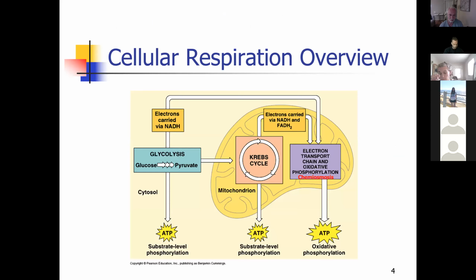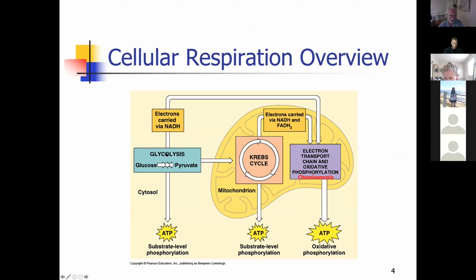The overview of respiration involves primarily the mitochondrion. And again, I emphasize mitochondria are present in both plants and animals, so they both respire. Respiration starts with glucose and glycolysis.